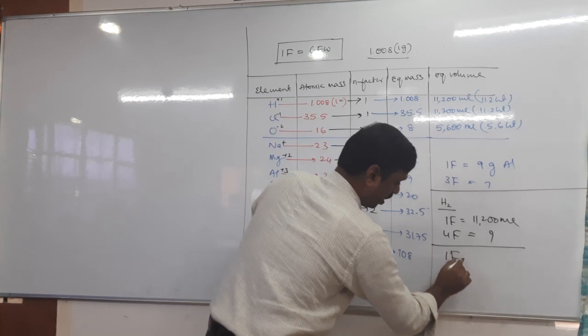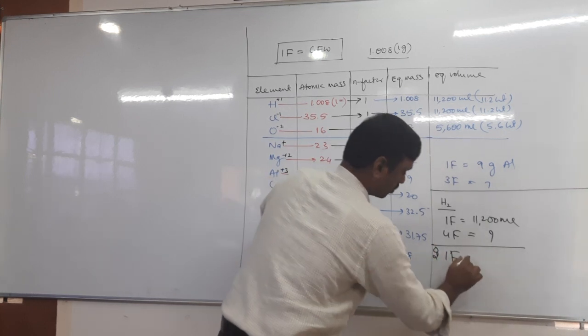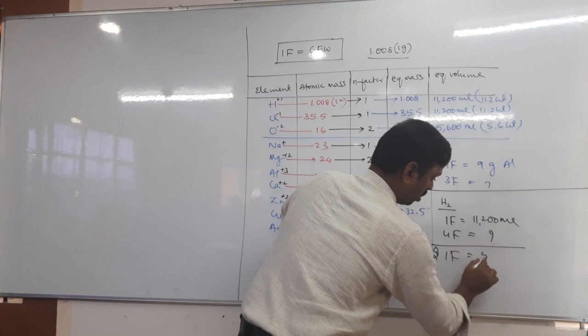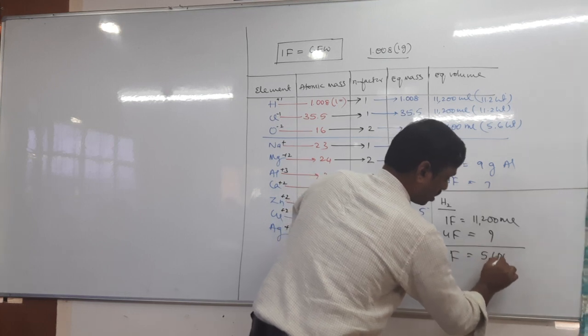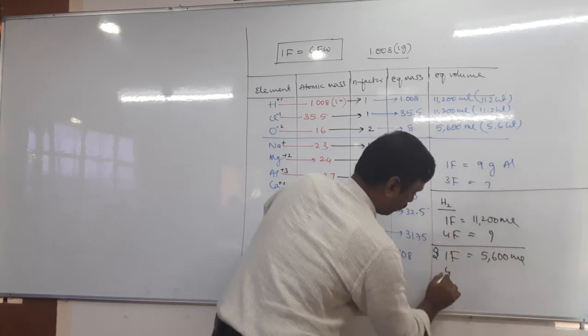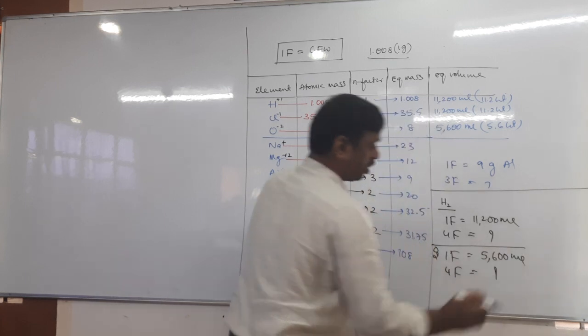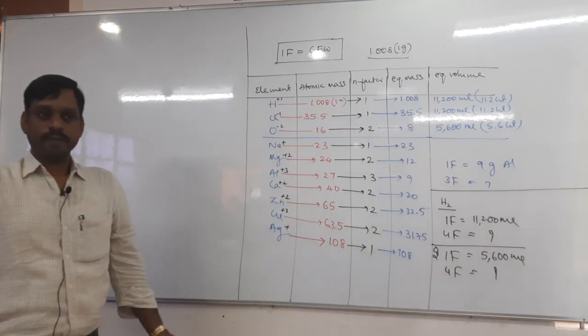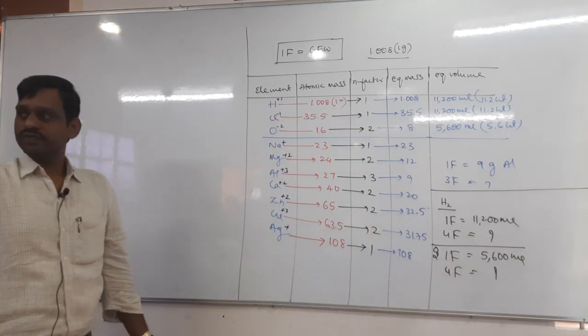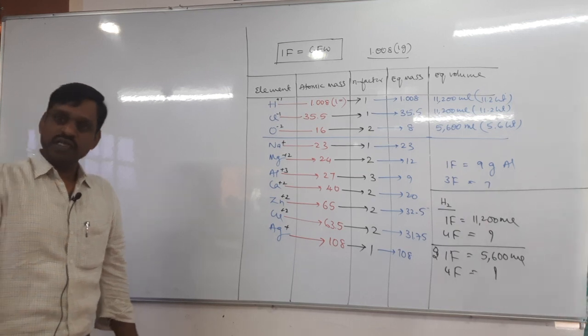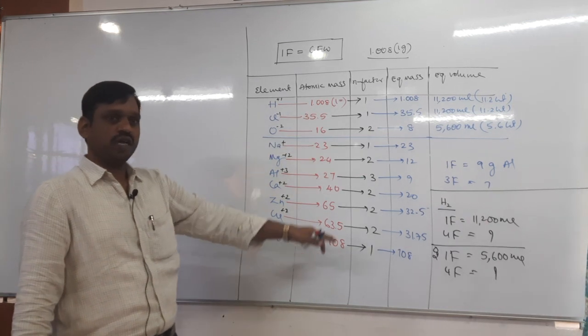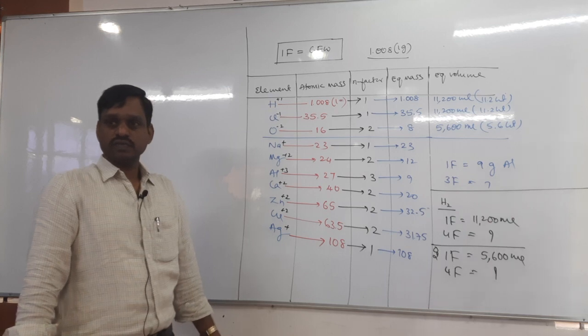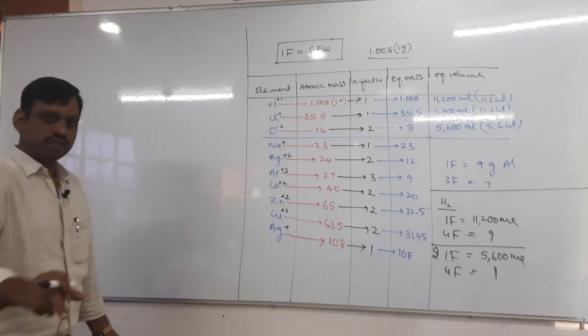Similarly, for oxygen, 1 Faraday equals 5,600 milliliters, and 4 Faraday equals 4 into 5,600. Yes or no? So you can get the answer for many questions based on this tabular column. Okay, we'll do some more questions.